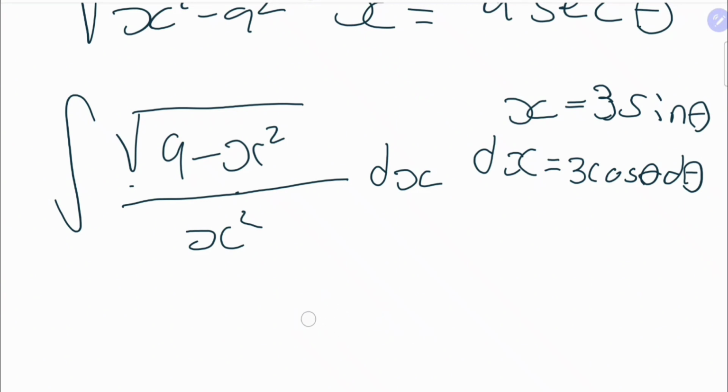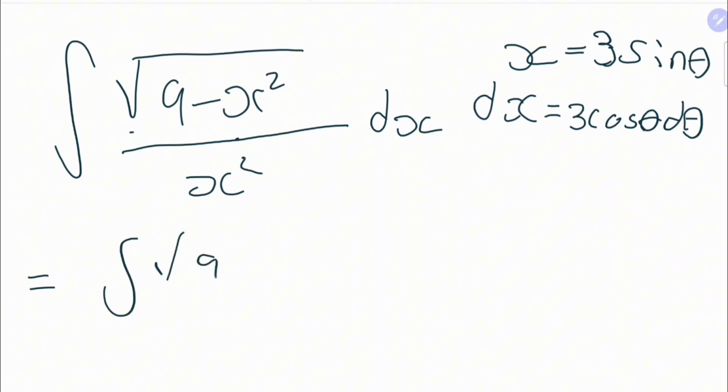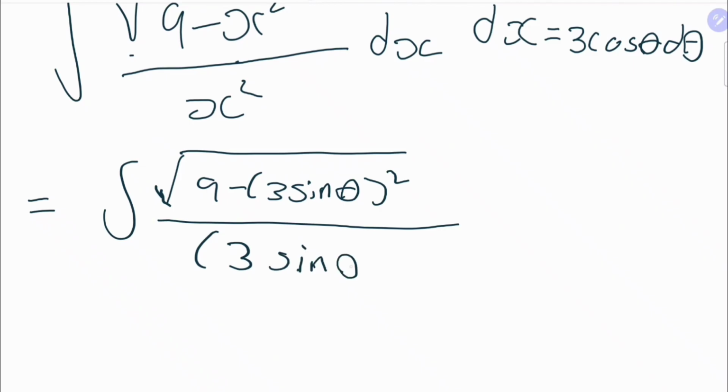This is going to equal the integral of the root of 9 minus x, which is 3 sine theta, squared, because x is being squared, over 3 sine theta squared.